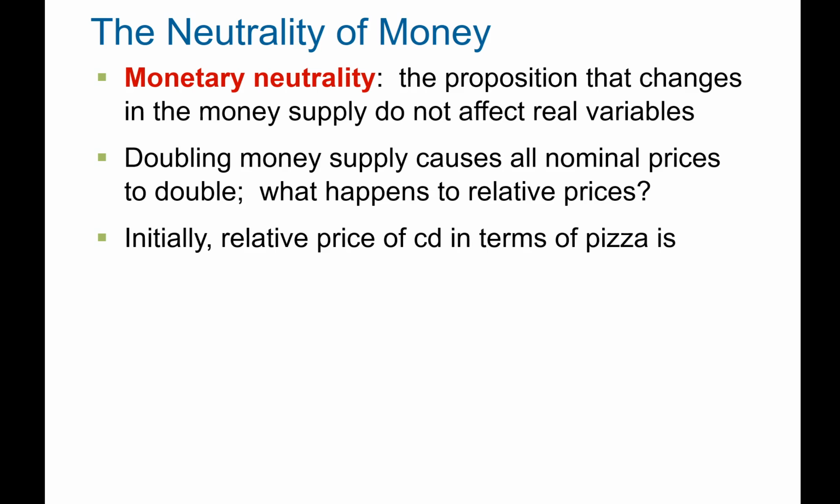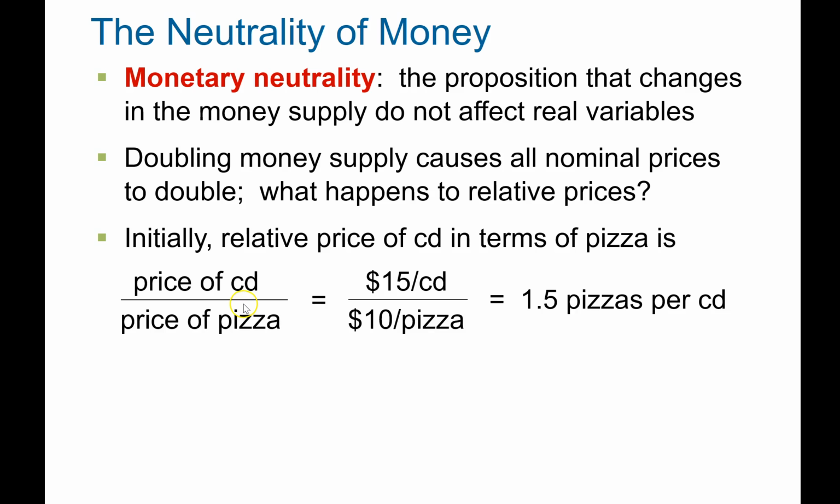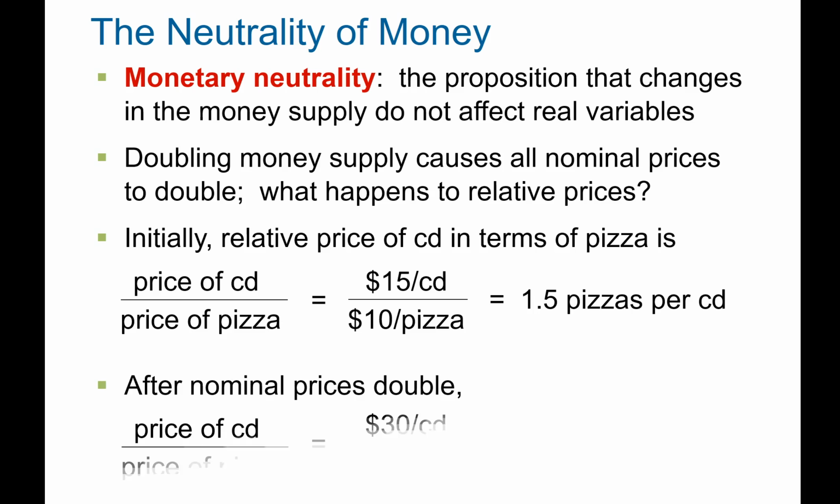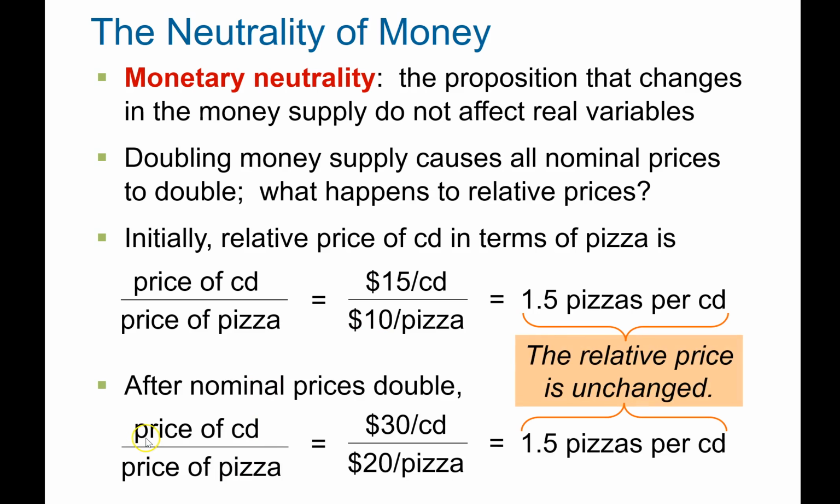So here's an example. Let's say that they double the money supply, and initially the relative price of CDs in terms of pizzas is the price of a CD divided by the price of a pizza, so what we saw before, with 1.5 pizzas per CD. Well, let's double the prices now. We still have the same relationship.